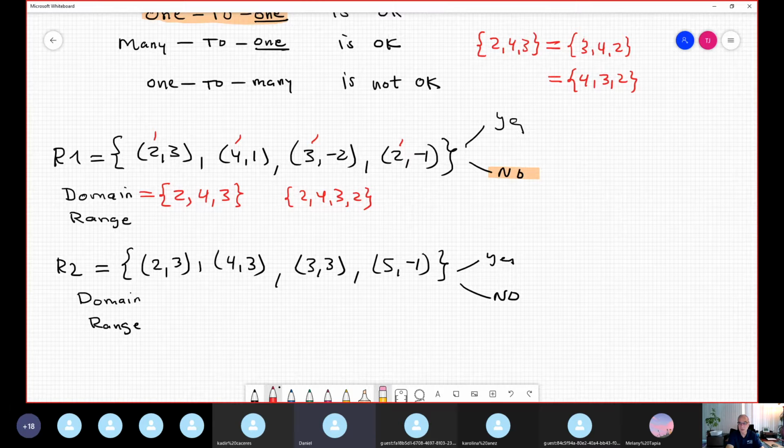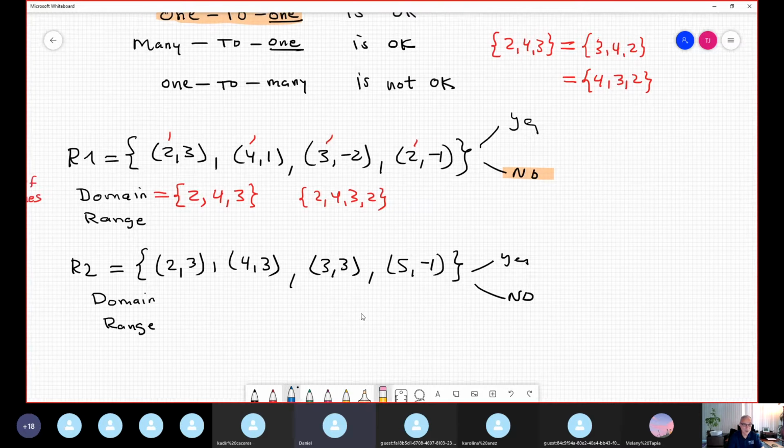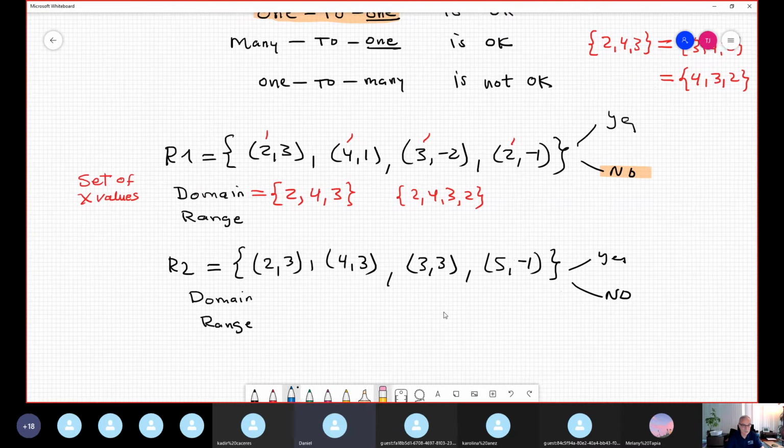Any combination that you form, 3 by 3, is 6 combinations in total. Now the range is the set of the Y values. You need to be familiar with this technical name, domain, range, set of the Y values. In other words, the second components, que es 3, 1, -2, and -1.